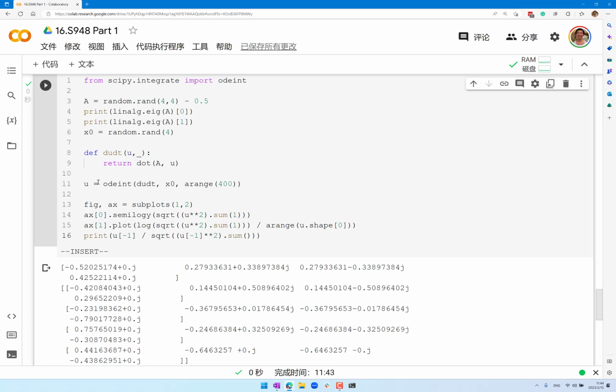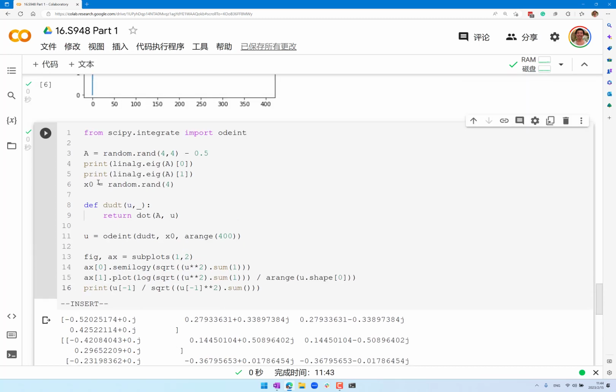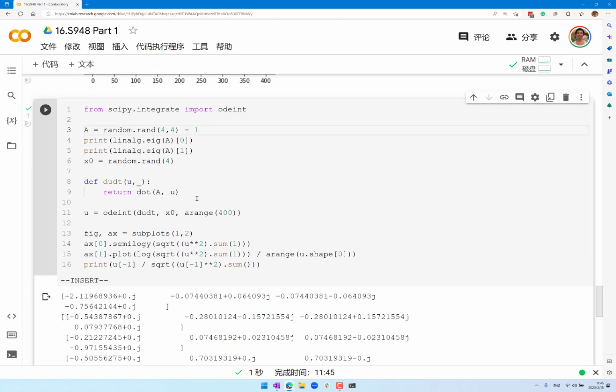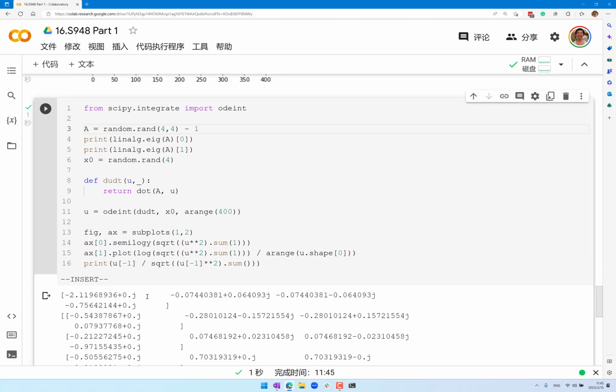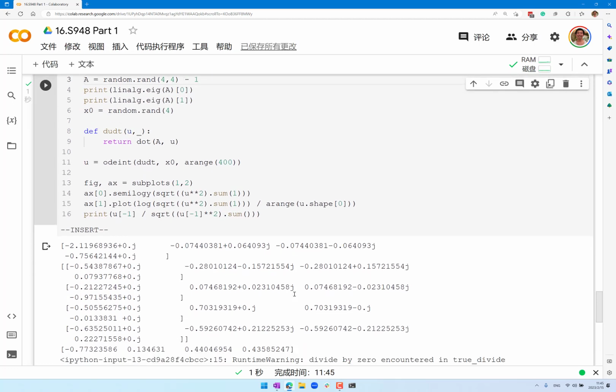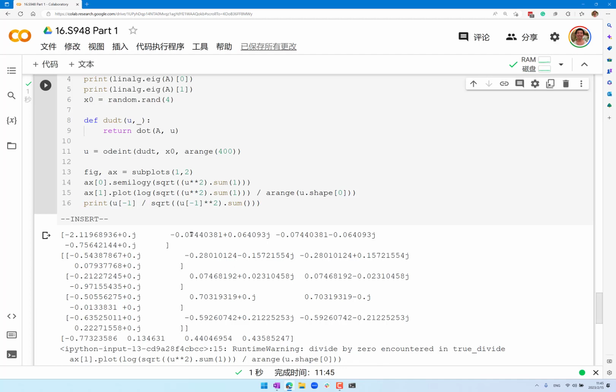Okay. So for example, how do we make negative eigenvalues? Just make it minus 1, right? Here you get a bunch of negative eigenvalues, and the least negative ones are actually this complex pair, if I look at it correctly. So minus 0.0744, that's the real part, right?